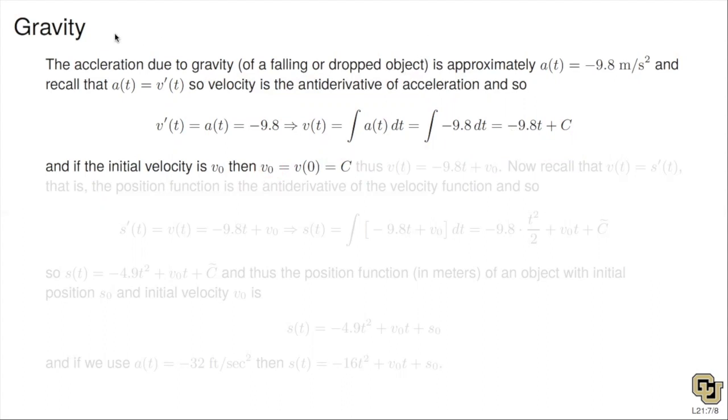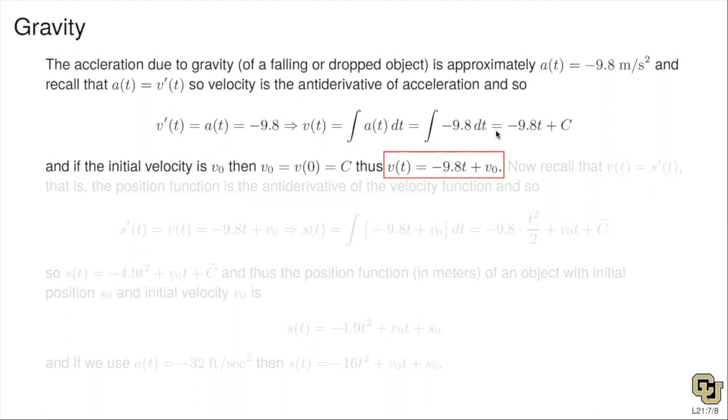So I can write the velocity formula as v of t equals negative 9.8 t plus the initial velocity. You should appreciate this: suppose I only knew the acceleration. Using calculus, I'm now able to come up with a formula for the velocity. That's novel. That's getting some information from very little information.